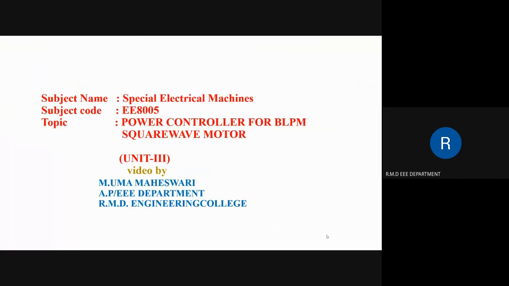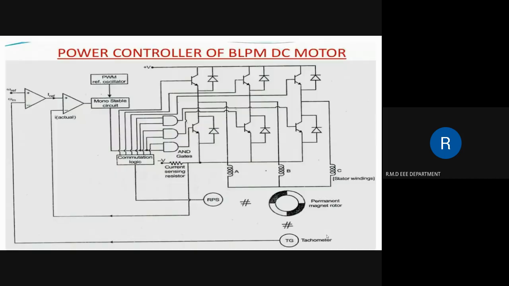Good day to everyone. In this video I'm going to discuss the topic power electronics controller for brushless permanent magnet square wave motor. The third unit topic is permanent magnet brushless DC motor. The power controller structure of the brushless permanent magnet DC motor is this circuit diagram.